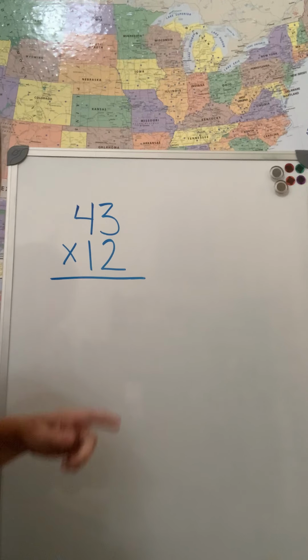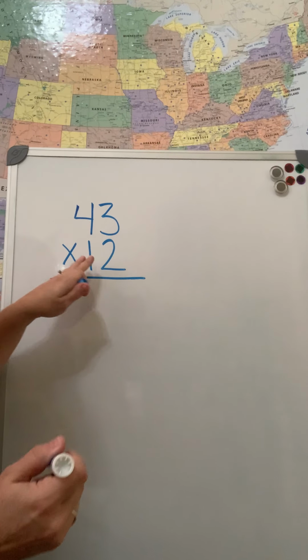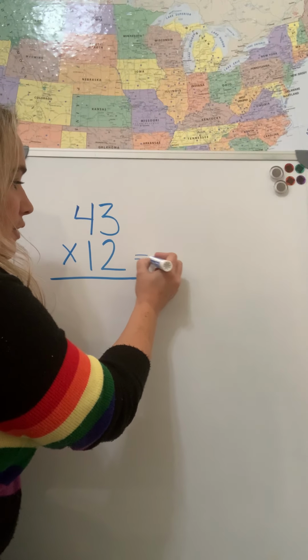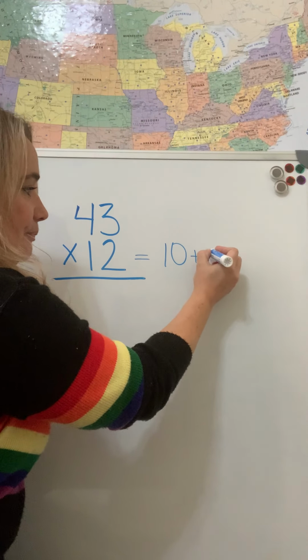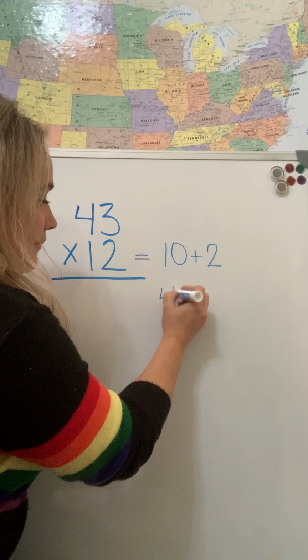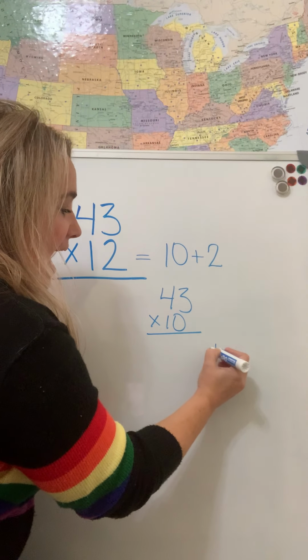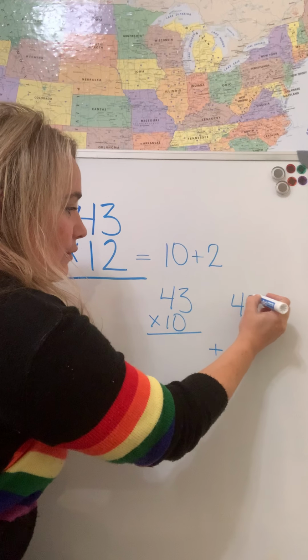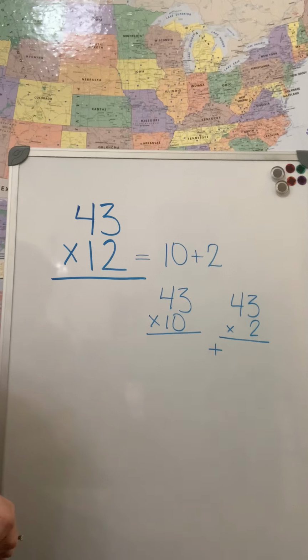Okay, so here we're multiplying 43 by 12, but since 12 is equal to 10, which is in the tens place, plus 2, we may multiply 43 by 10 and then add that to 43 multiplied by 2.